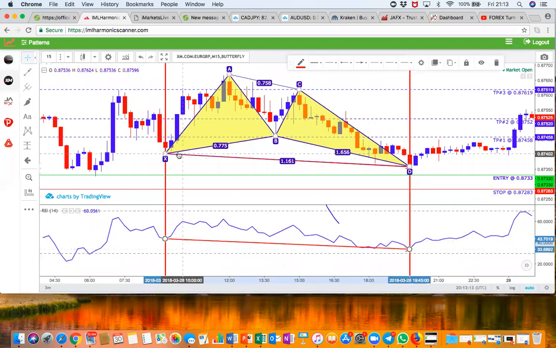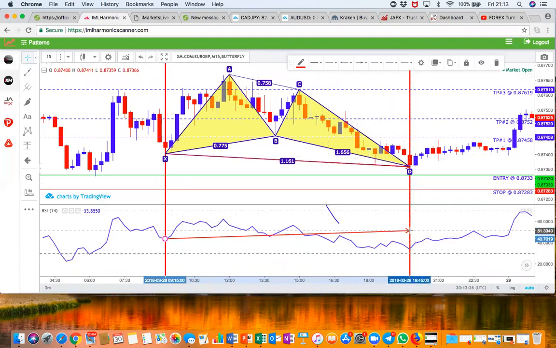What it has to be is, if this one is going down like that, this one should go a bit higher. So that's what we mean, it has to go the opposite direction. Does that make sense?